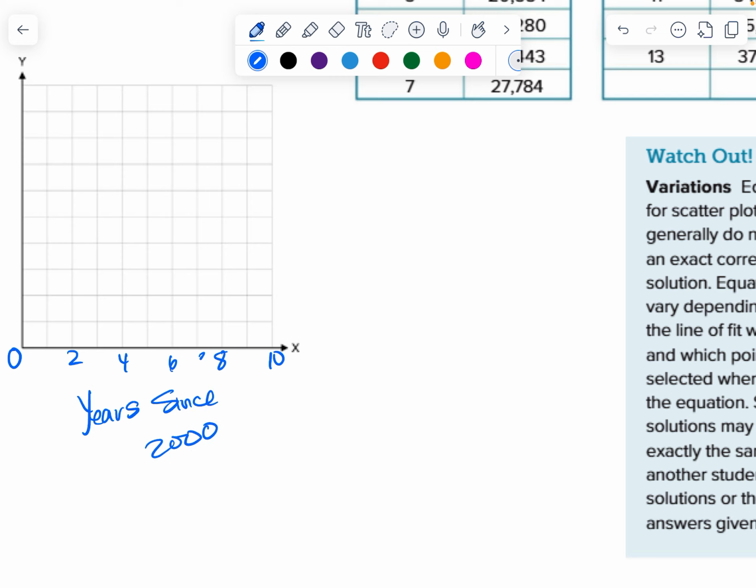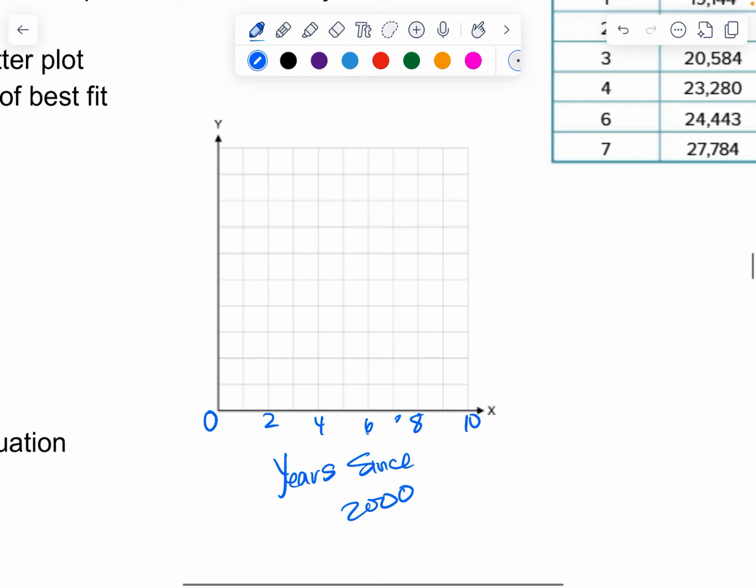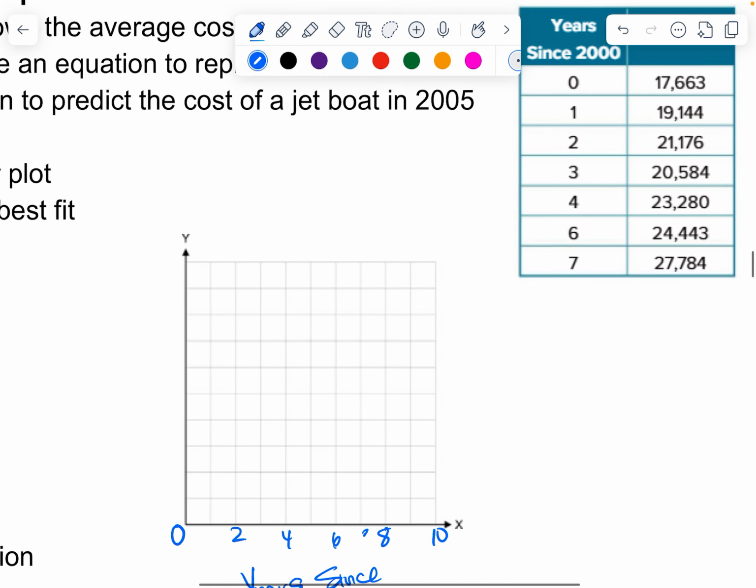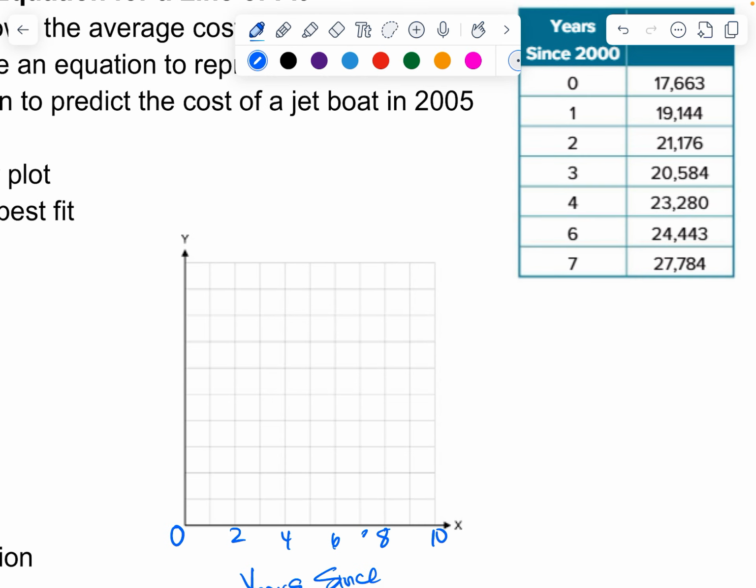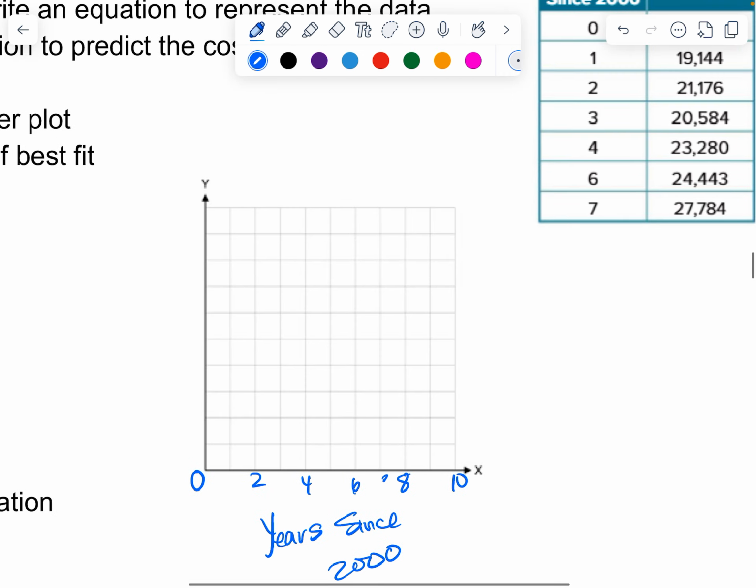Okay. And then over here, guys, we're starting with 17,000. So we don't want to start going up by ones. We need to go up by bigger numbers than that. So I'm going to go up by 5,000 each time.